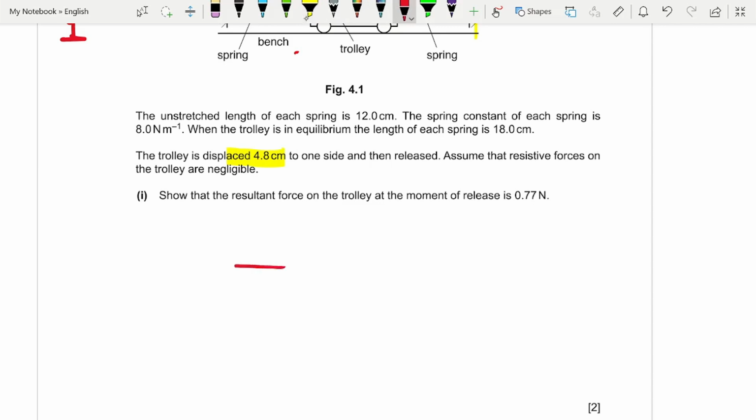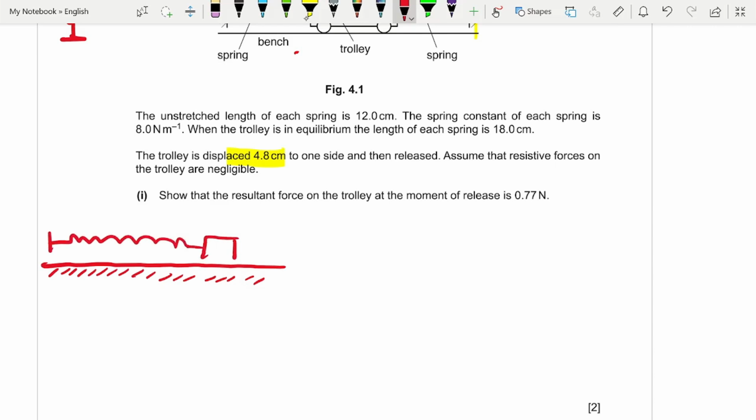If you've displaced it to one side, you're going to have a longer spring on this side and a shorter one on this side. By pushing it to one side, you're increasing the extension on one side but decreasing the extension on the other side by the same amount, which is 4.8.